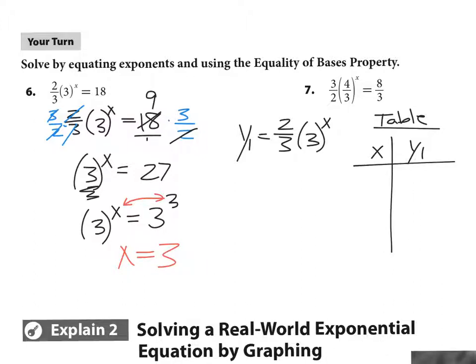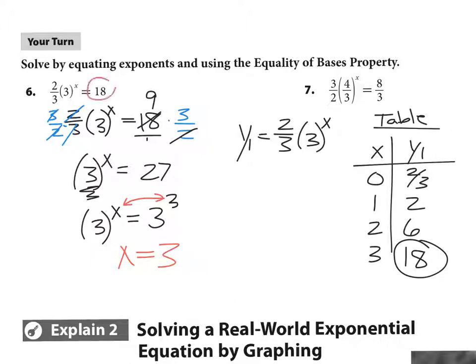We know it's an increasing function, so if you start at 0, if you plug 0 in there, you're going to get 2/3. If you plug 1, you're going to get 2. If you plug 2, you're going to get 6. Then if you do 3, you're going to end up with 18, which is what you wanted to find. You wanted to find where it was equal to 18, and that's at 3.